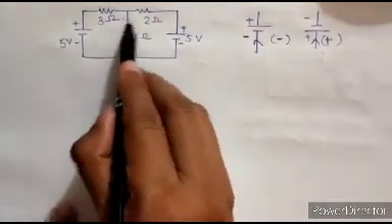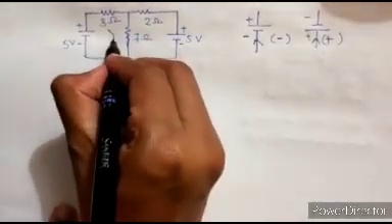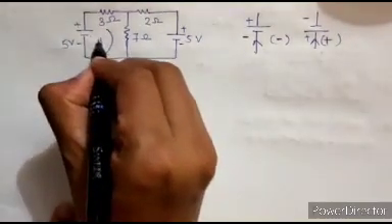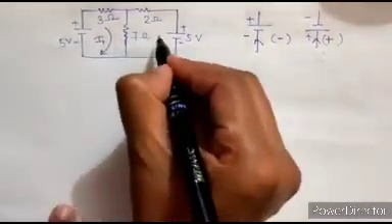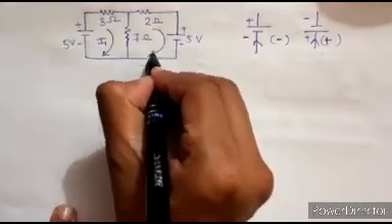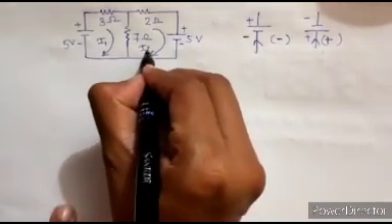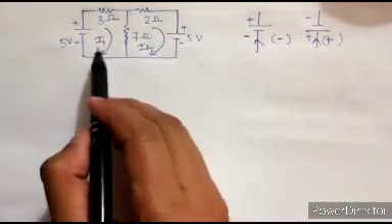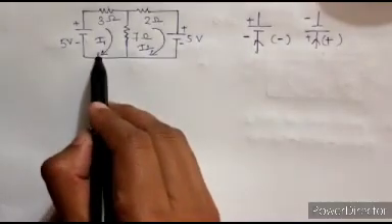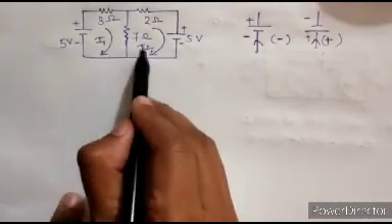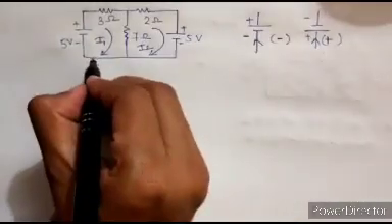We can see that there are 2 loops. This is loop number 1 in which current I1 flows, and this is loop number 2 in which current I2 flows. Before applying KVL, first we have to flow I1 and I2 in the whole circuit.